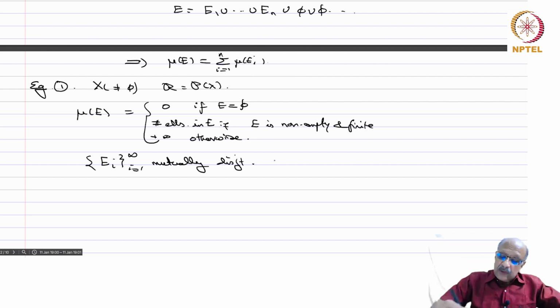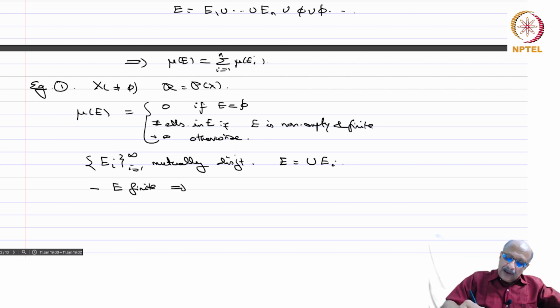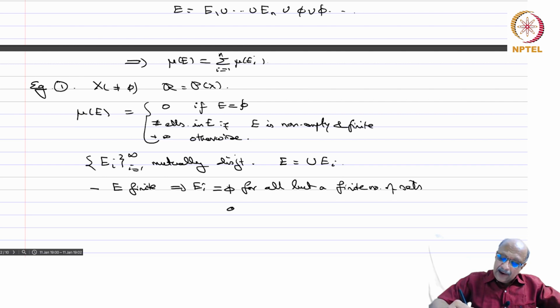Of course, in this case we are in the power set, so E is equal to the union of Ei. So first case, E is finite. This implies Ei are empty for all but a finite number, and those non-empty sets are also finite.